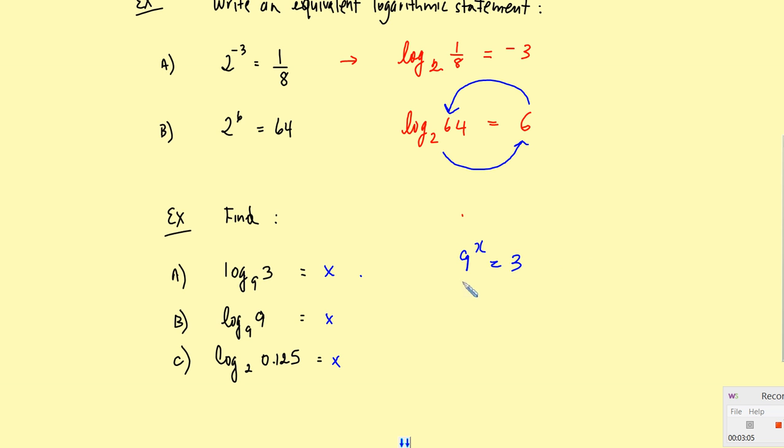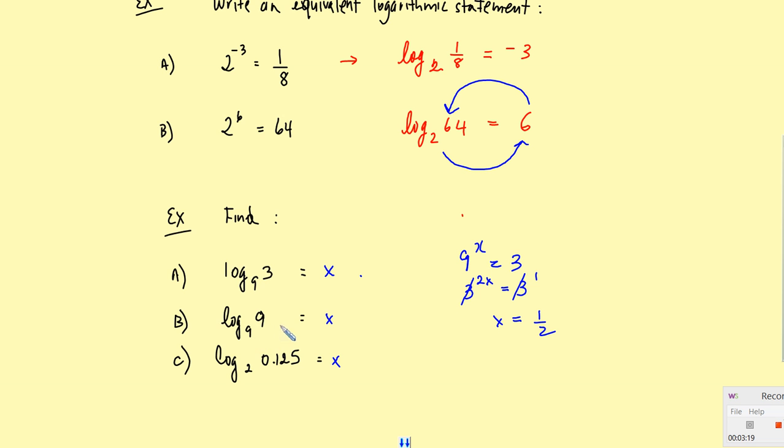So that becomes 3 to the 2x is equal to 3 to the power of 1, and therefore my value of x would be 1/2. Because I'm going to disregard my bases and I'm just left with my exponents.